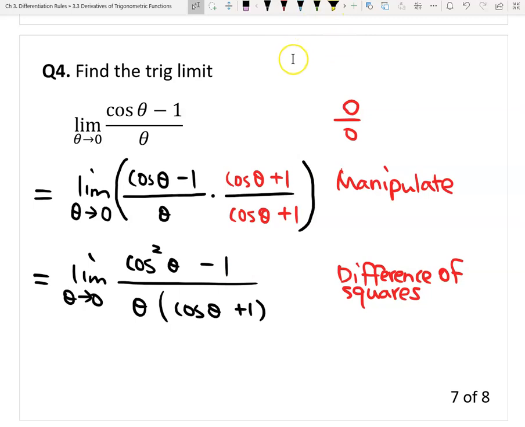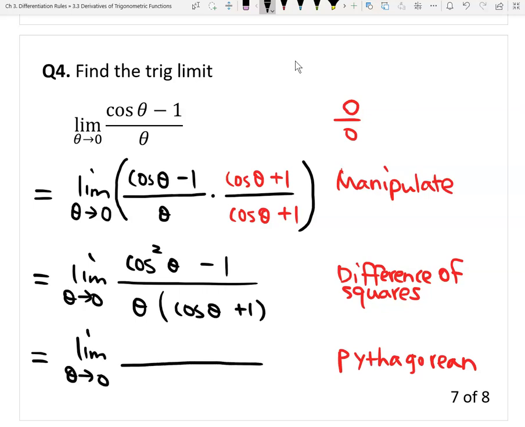Do you remember? That's what we call the Pythagorean identity. So I will use the Pythagorean identity. So we will have the limit as theta approaches 0 of negative sine squared theta over the bottom. Okay, this makes sense.